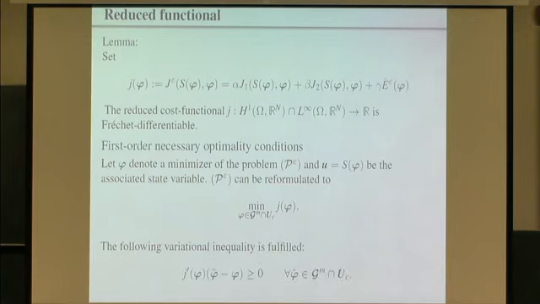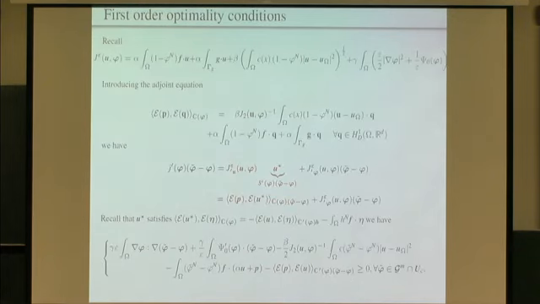cost functional, and we get that the following variational inequality is fulfilled, and we can actually work out what the terms of this are relating to our elasticity equation and our objective functionals. I won't go through this in great detail, but we recall that this is our objective functional.